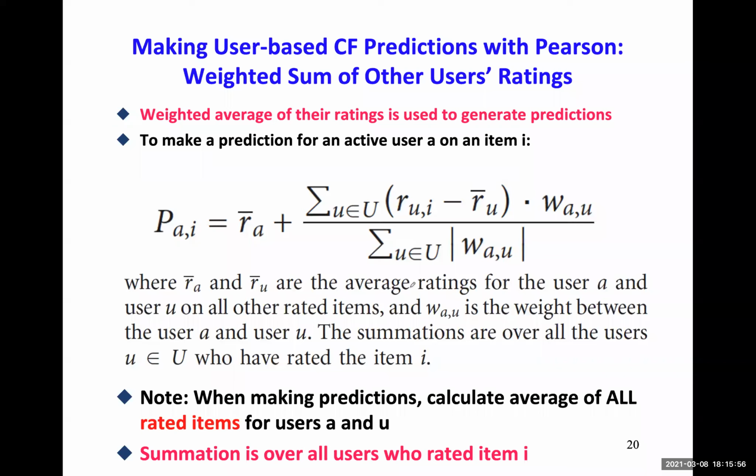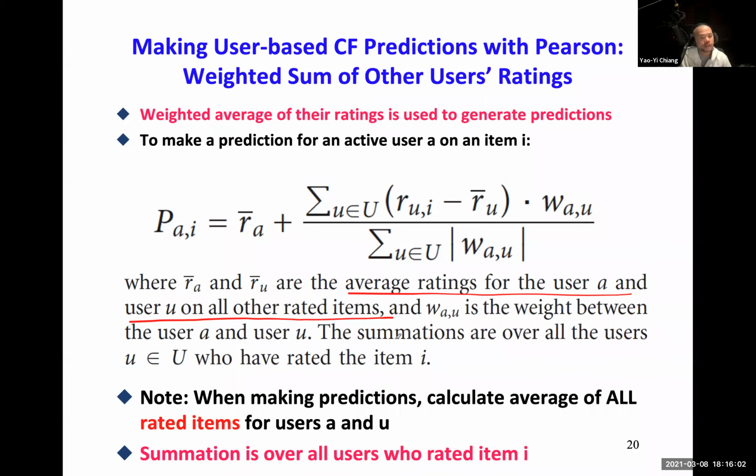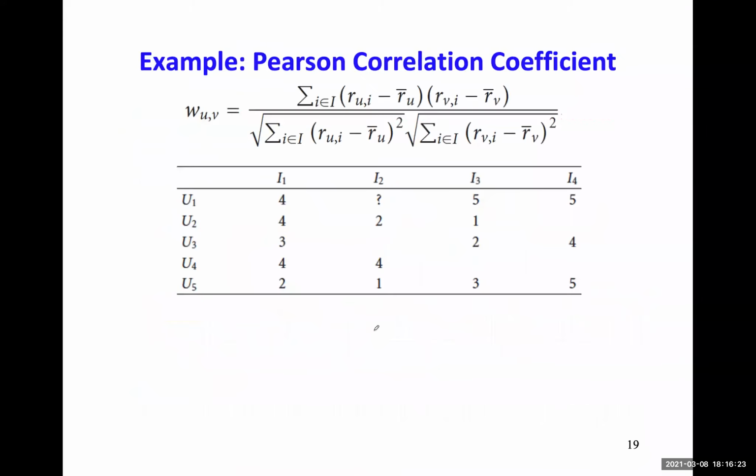Okay, so average ratings for user A and user U on all other rated items. So it's not just correlated, right? This is everything, but for weights it's correlated, that's different. Like when you calculate WAU, for example, you can only use correlated. Oh, okay. Okay, thank you.